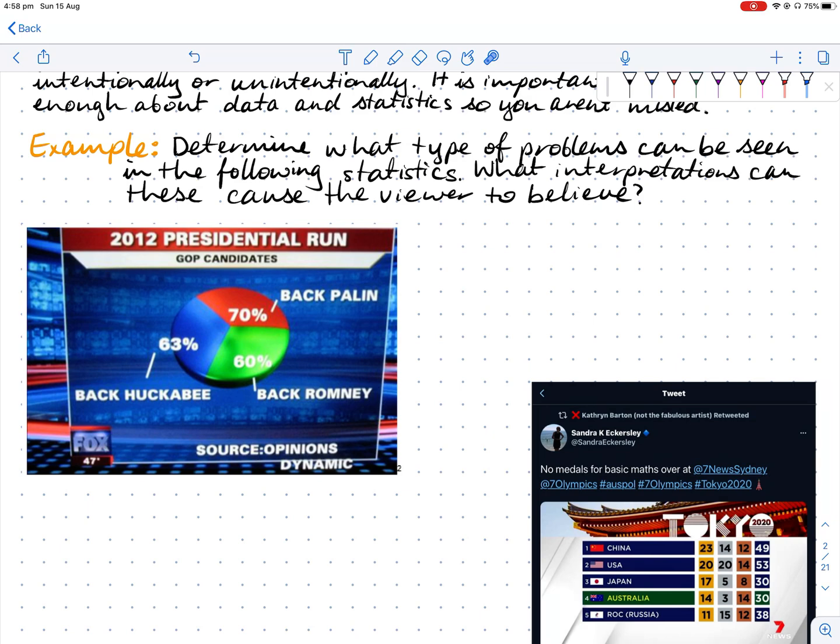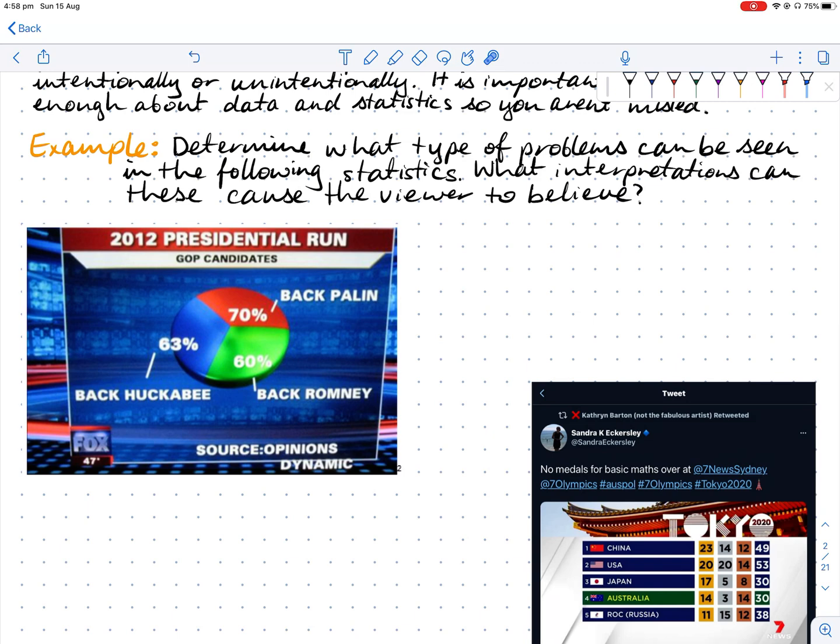So one of the issues with this type of graph is that they've used an inappropriate graph here. Maybe instead of using a pie chart, they should have been using a column graph, or maybe there was some other way of representing the data. Say, for example, maybe people were able to put in multiple options, and that's why these add up to more than 100%.